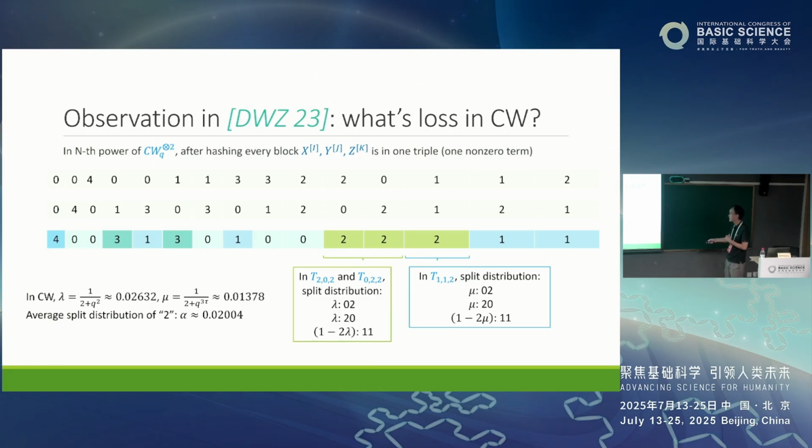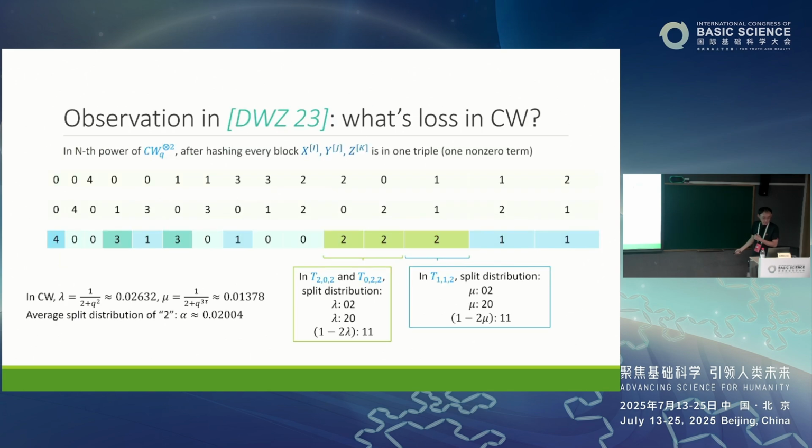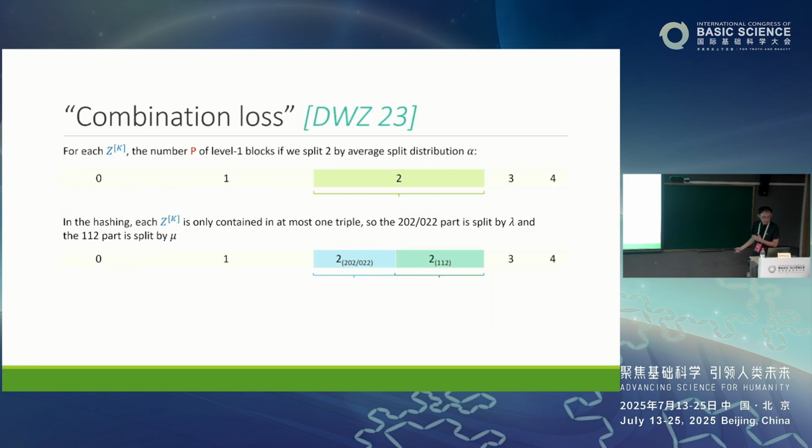Their lambda is almost twice of mu in CW's method, which means that if such combinatorics are different, the number of variables we use is smaller than if we use the average distribution on the whole part.